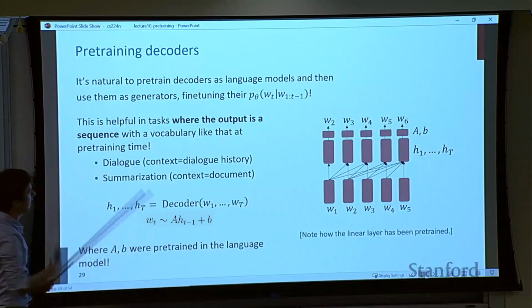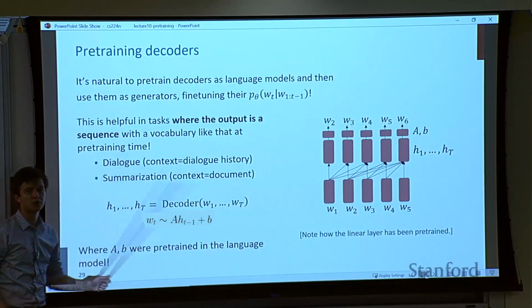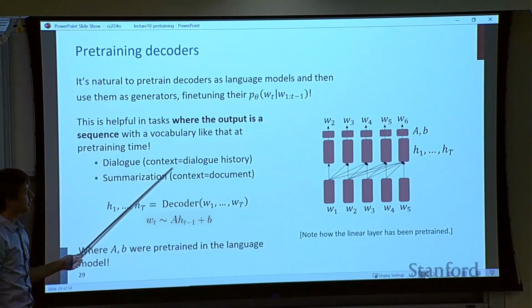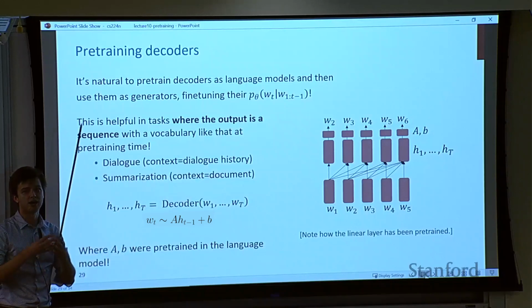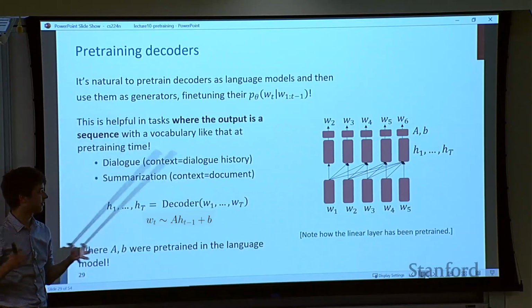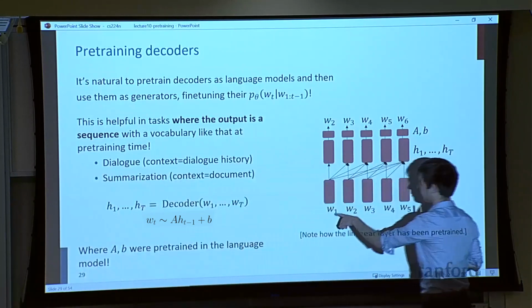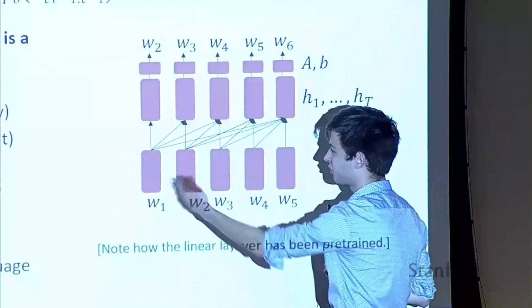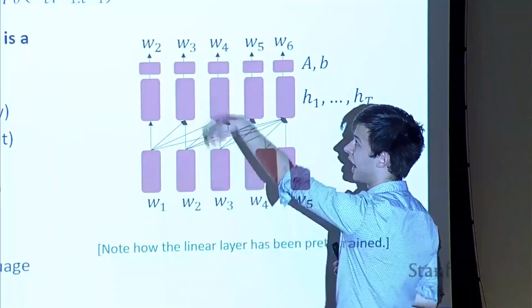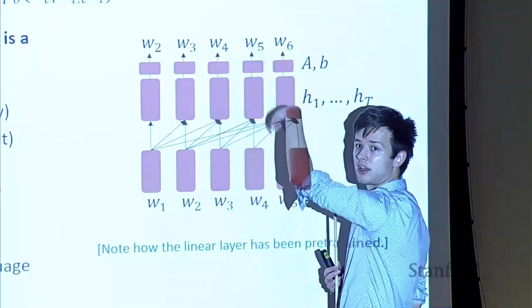So in a task like some kind of turn-based dialogue, we might encode the dialogue history as your past context. So you have a dialogue history of some things that people are saying back and forth to each other. You encode it as words, and you try to predict the next words in the dialogue.